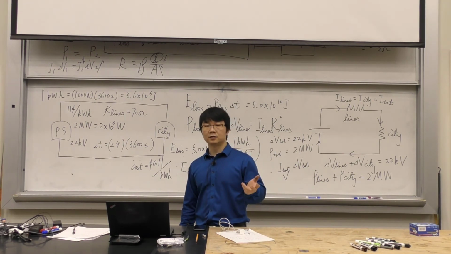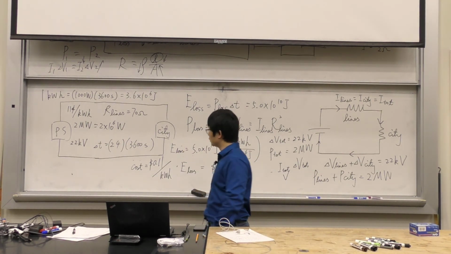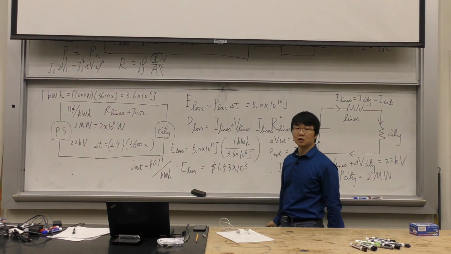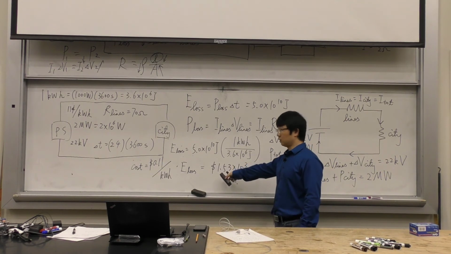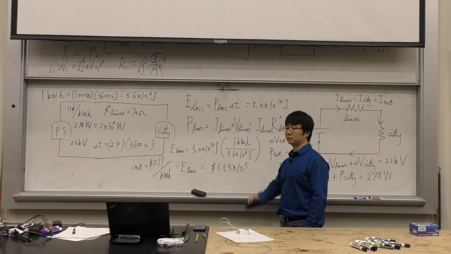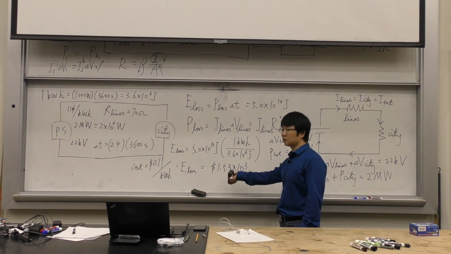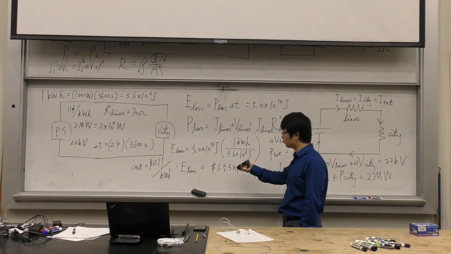It didn't get delivered to the city. Totally wasted as heat on these transmission lines, $1,000 in 1 day, right? So no one likes that. The electric company doesn't like that, and we don't like that because we're going to be paying this cost, right? They're not going to absorb the cost themselves, okay?